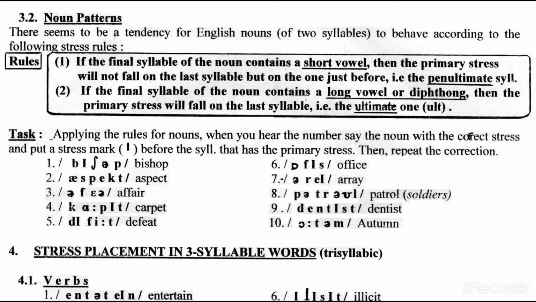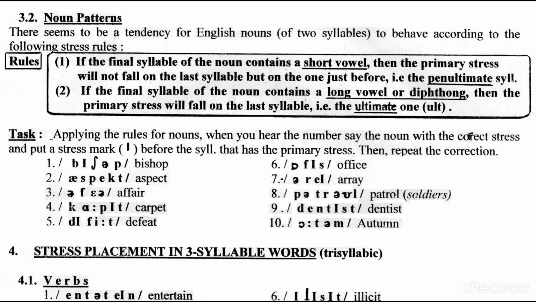Here in this rule, we don't care about the coda or the consonants. We just look to the peak. So if the peak has a short vowel, the stress is on the penult, the second from the end.